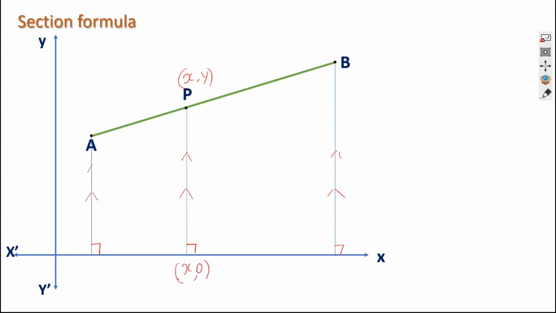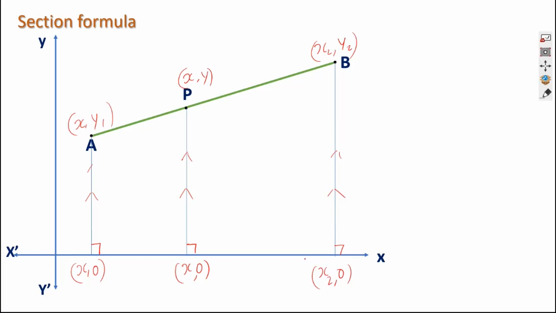Let us mark x1, y1 as before, and x2, y2 as the coordinates of the other point. This will be x1 and 0, and x2 and 0.